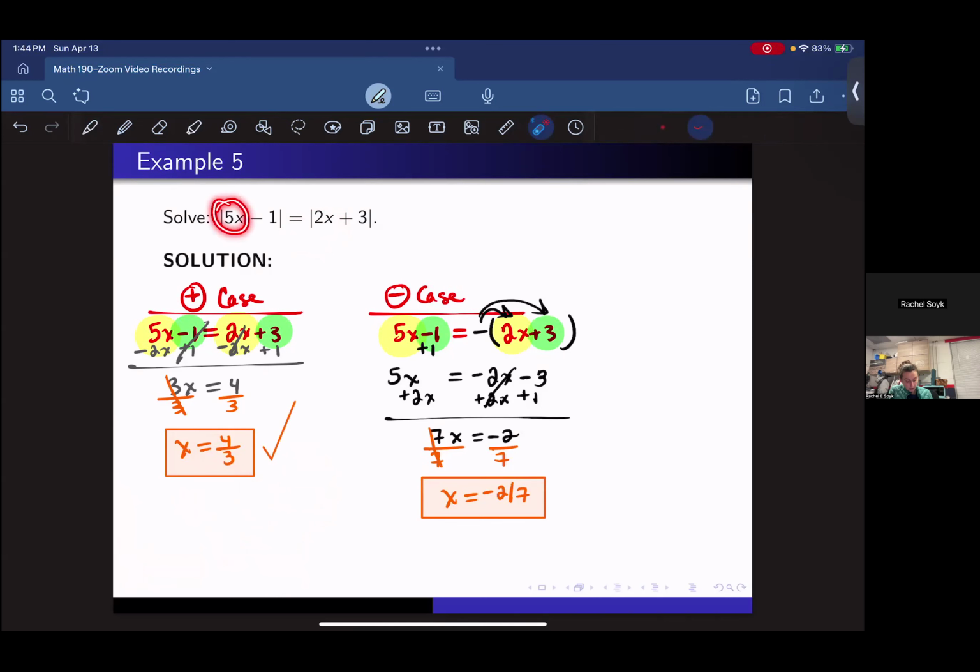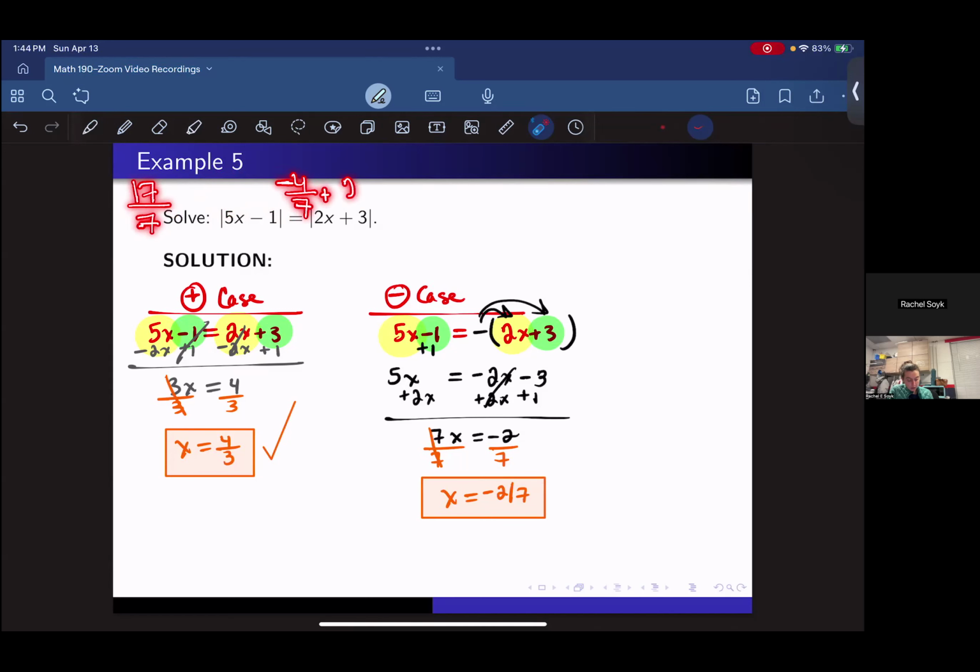-2/7 times 5 is -10/7 minus 1 is the same as -7/7. So we're looking at -17/7. The absolute value is positive 17/7. Now let's go ahead and look at that right-hand side. -2/7 times 2 gives you a -4/7.